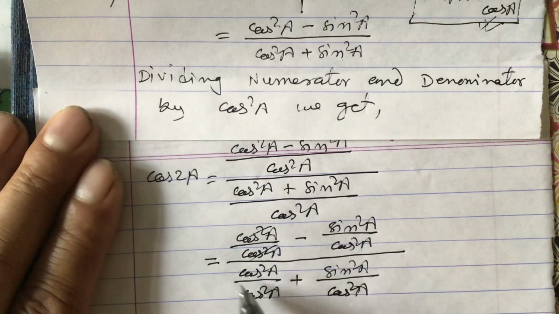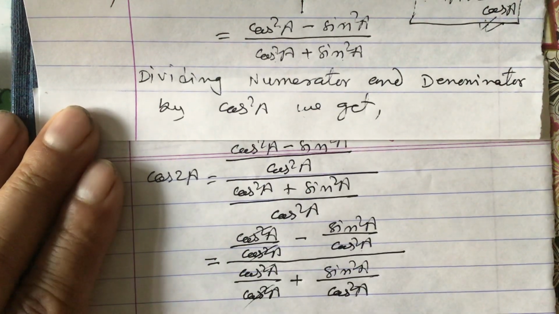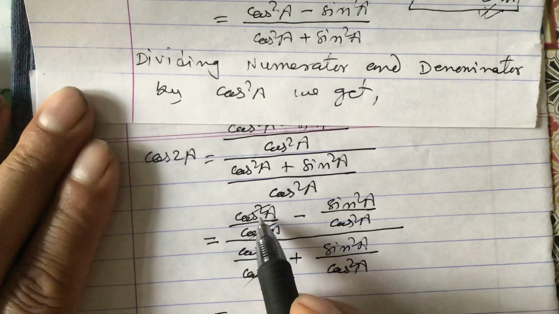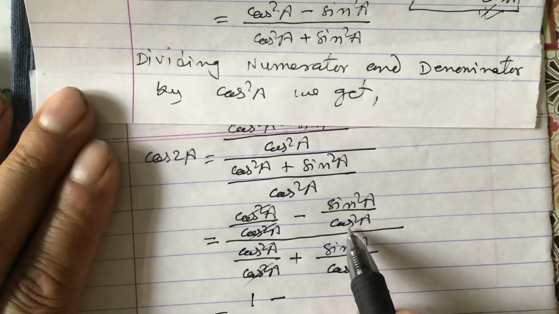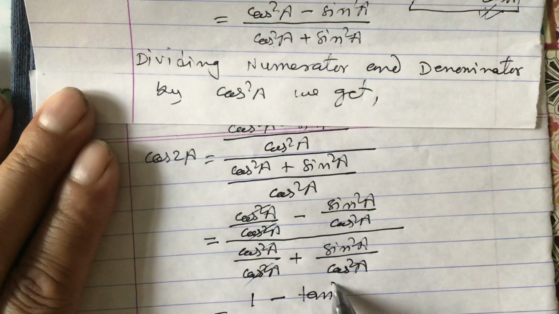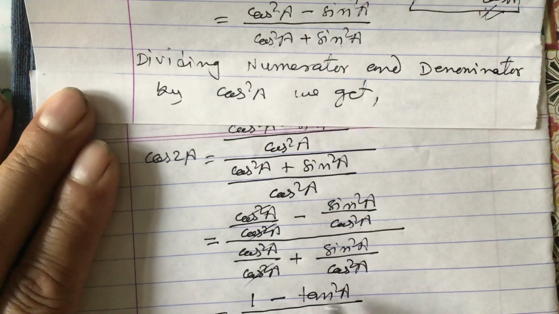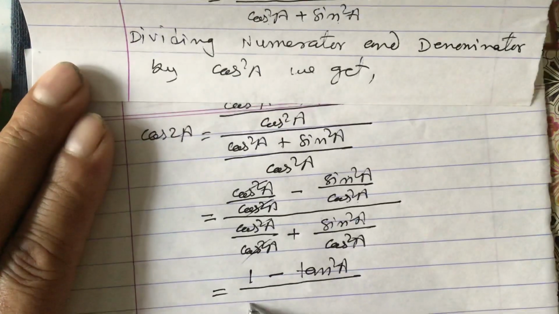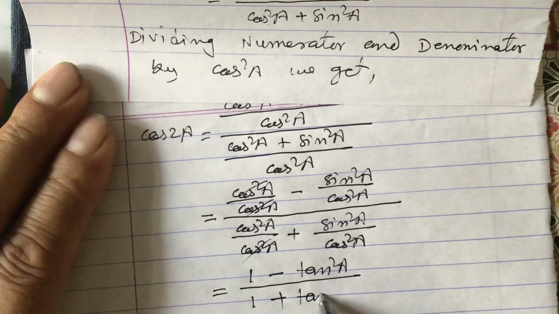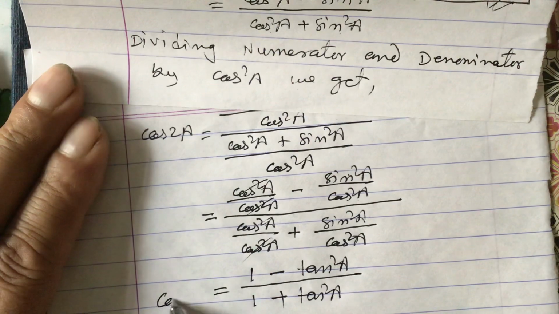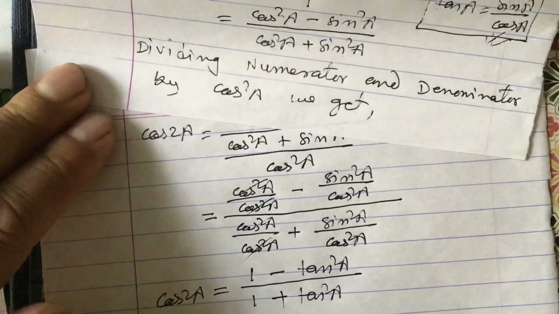Here cos square cancels, this also cos square cancels. So now remaining, 1 minus sine square by cos square is tan square a, divided by 1 plus sine square by cos square is tan square a. So this is the formula of cos 2a in terms of tan.